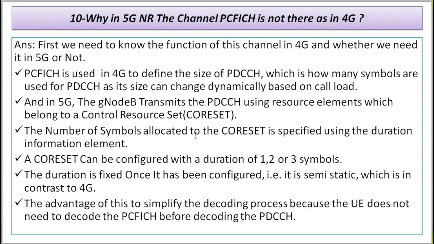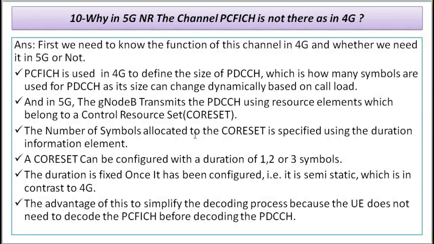But in 5G, the gNodeB transmits the PDCCH using resource elements which belong to a control resource set, that is CORESET. The number of symbols allocated to the CORESET is specified using the duration information element. A CORESET can be configured with a duration of 1, 2 or 3 symbols.